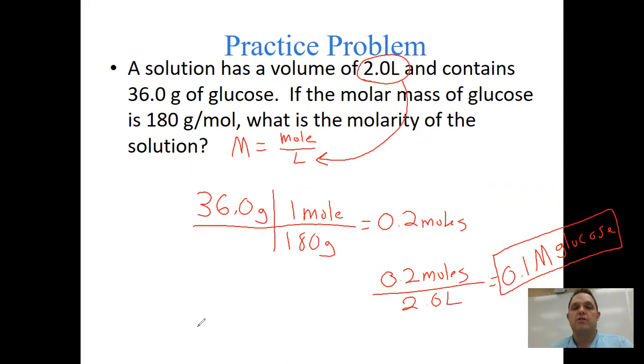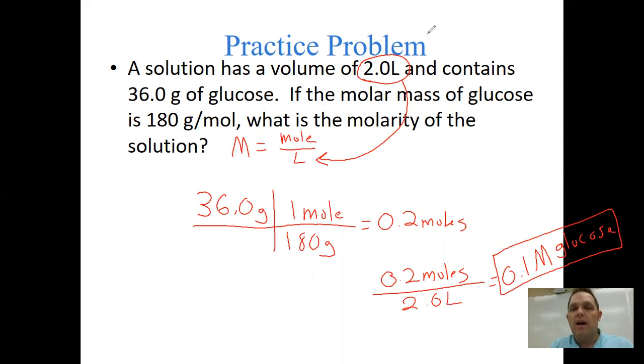Nurses that put saline solutions in people and stuff like that need to know these concentrations. I would argue the biggest thing about this is knowing your units. What do you have? What do you need to get to? I can ask all sorts of questions. I can give you the molarity and ask for how many liters you need. I can give you the molarity and ask you how many moles you need. Anything of those I can do.